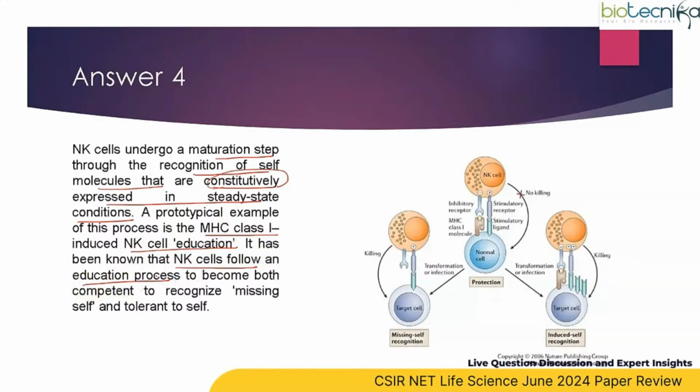When they undergo maturation, they identify the self molecules, and they get educated to become competent to recognize the missing self, and also tolerant to the self proteins, so that in future they don't identify their own proteins. This is the education process that occurs during the development of NK cells.